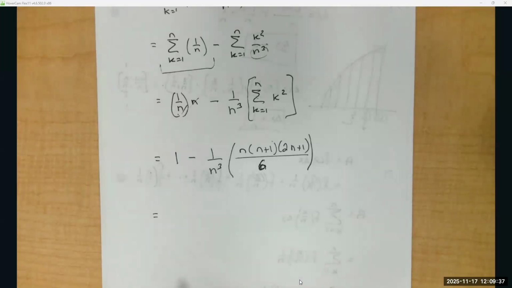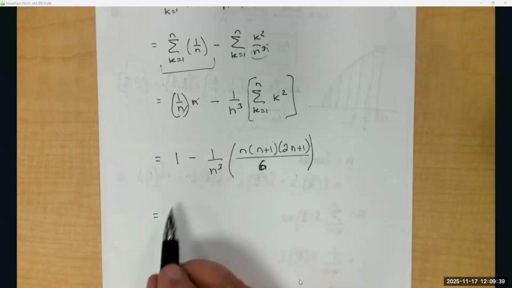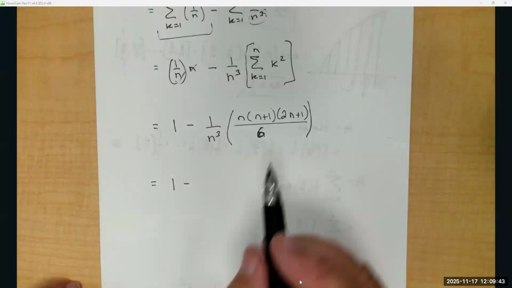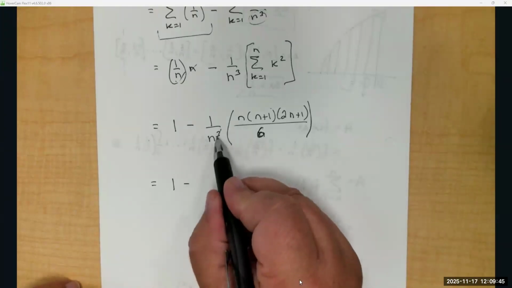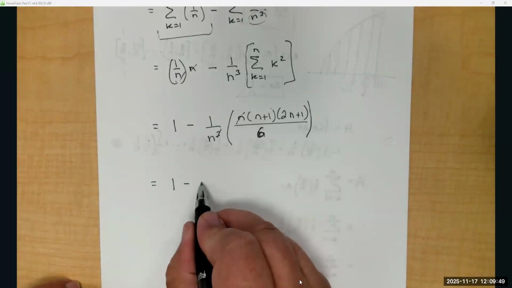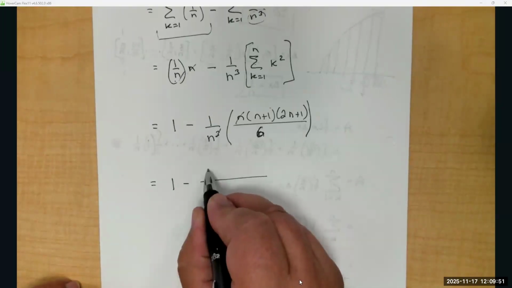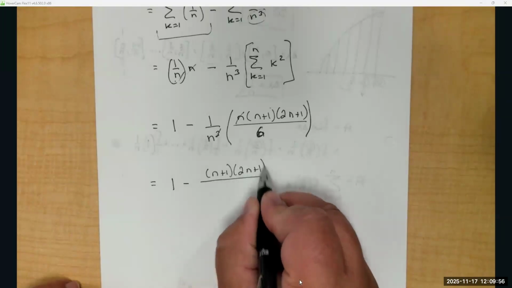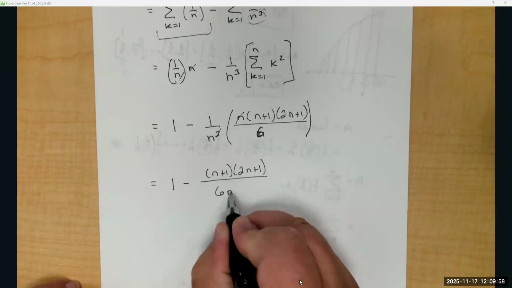Now simplify it. The n's cancel. So we have n plus 1, 2n plus 1 over 6n squared.